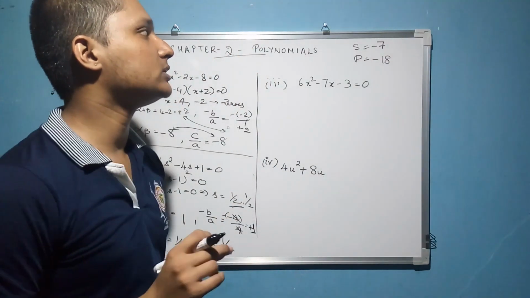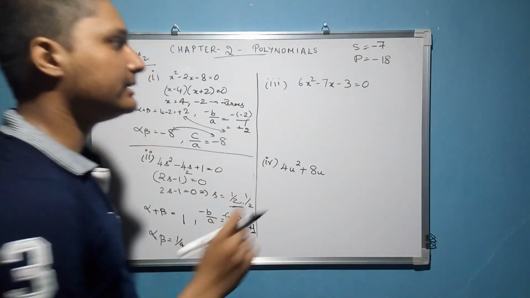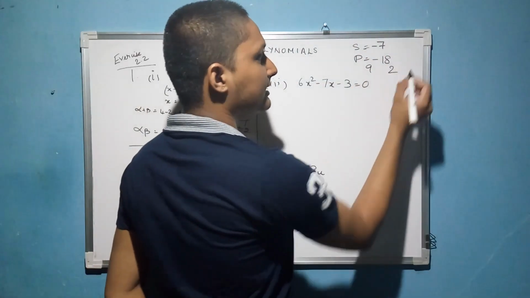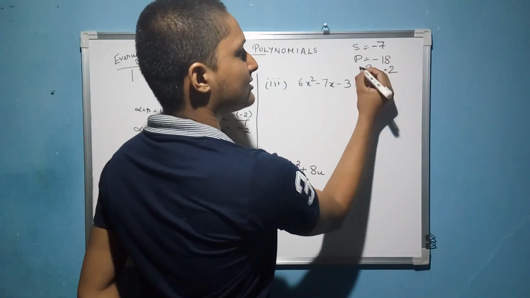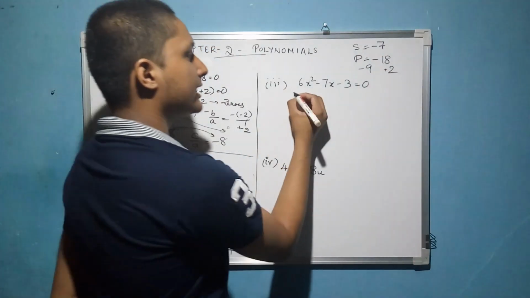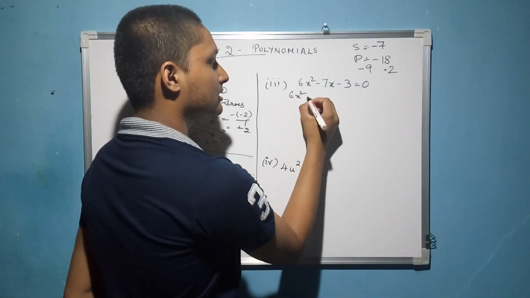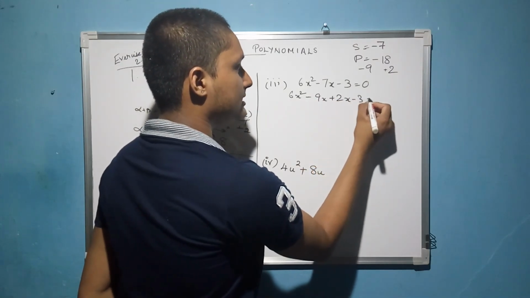So need to find two numbers whose difference is 7 and the product comes to be 18, that is 9 and 2, right? 9 and 2. 2 should be positive and 9 should be negative, so that the sum comes to be minus 7. So I need to split this middle term in the format 6x squared minus 9x plus 2x minus 3 is equal to 0.